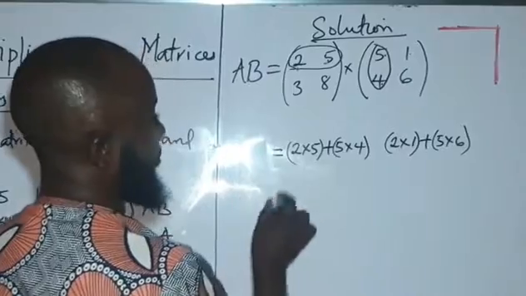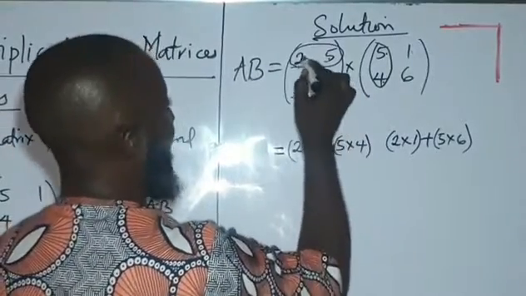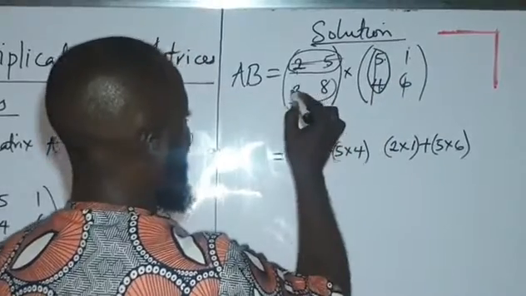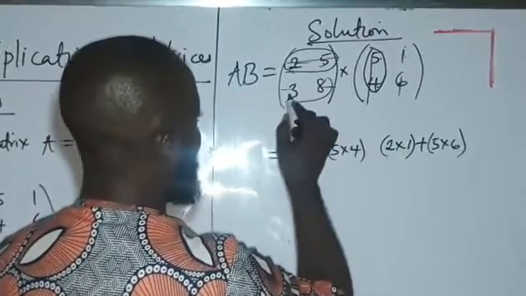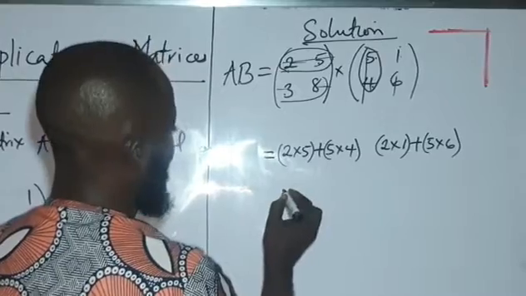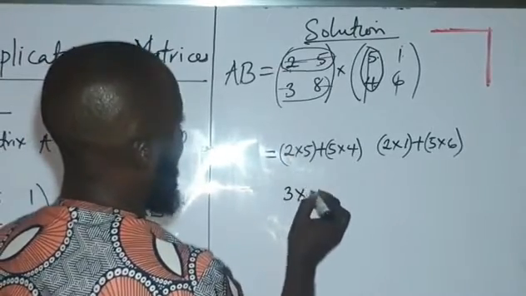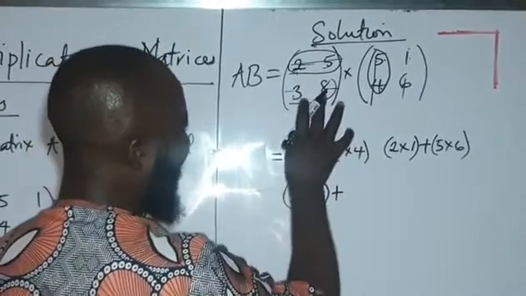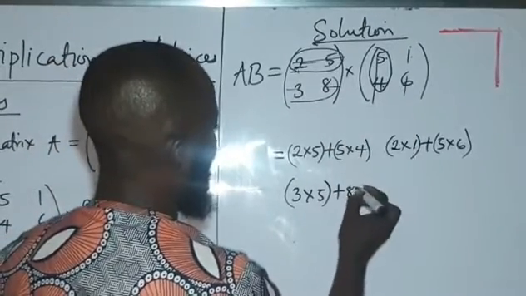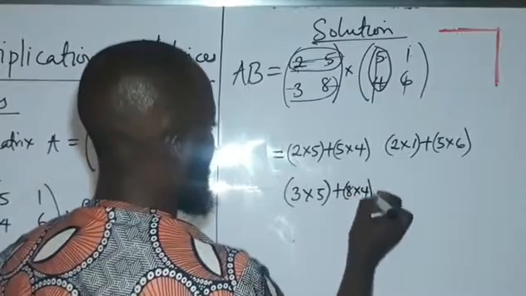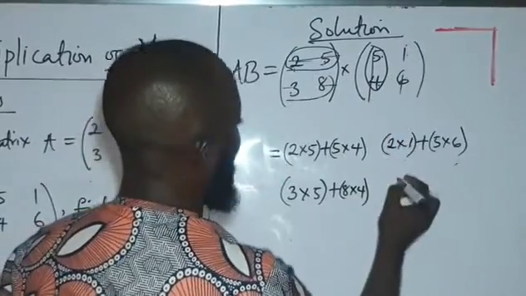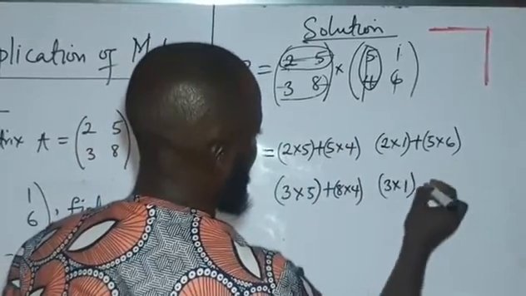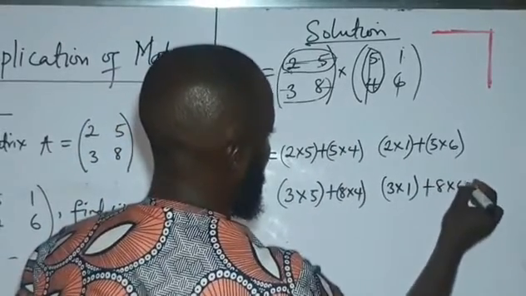Then we move to the next row. You can see we're having the 7 again. So we pick 3 multiplied by 5 plus 8 multiplied by 4, and 3 multiplied by 1 plus 8 multiplied by 6.